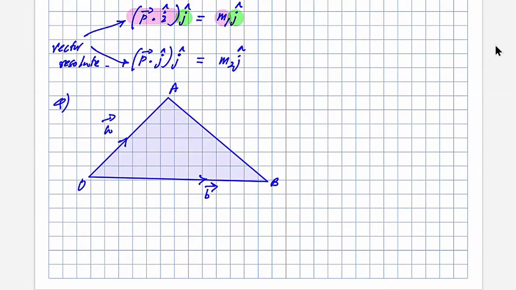So O means origin all the time. Find the area of the OAB triangle using vectors. Okay, good.